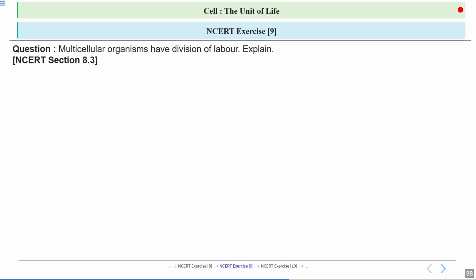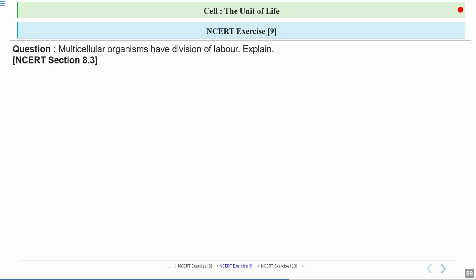Next question: multicellular organisms have division of labor, explain. So what is happening in a unicellular organism? A single cell is performing all the life processes, such as respiration, excretion, and digestion. But in multicellular organisms, like humans and higher animals, different cells perform different functions.